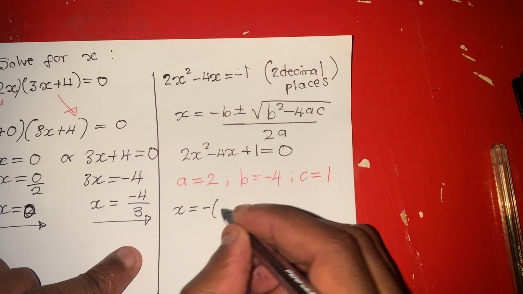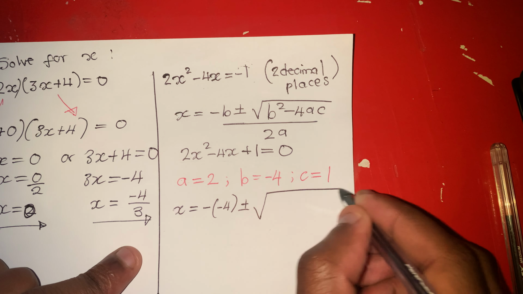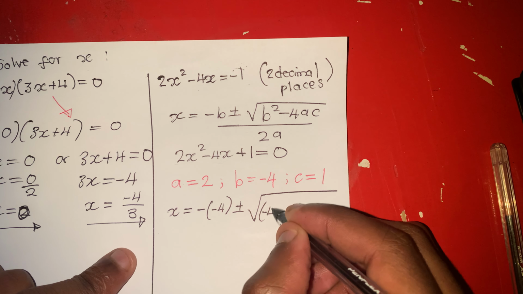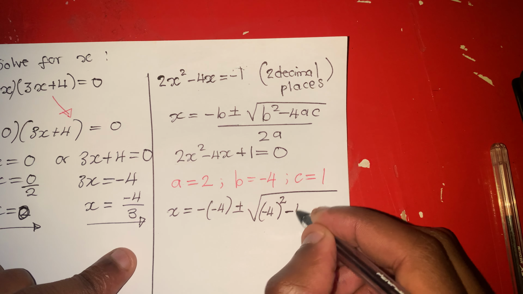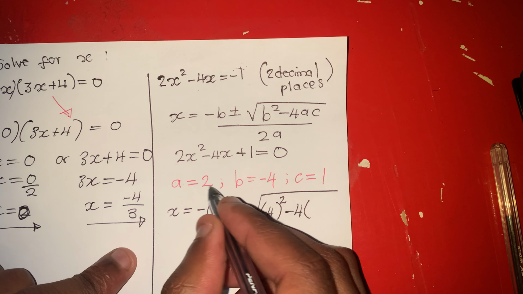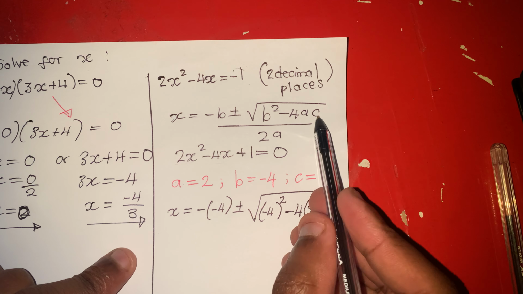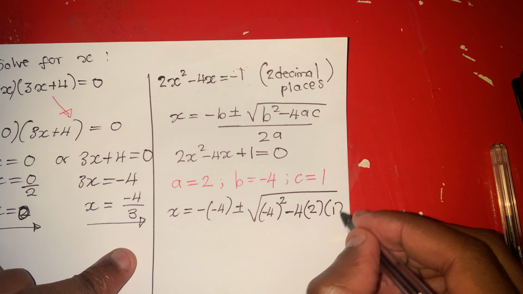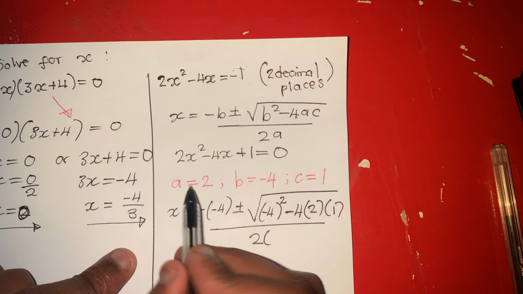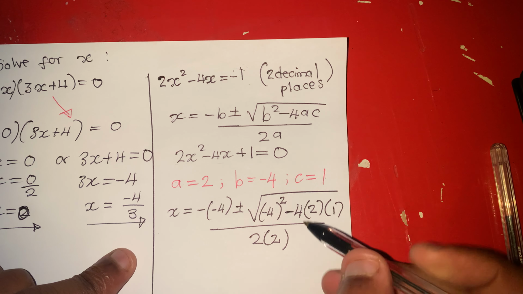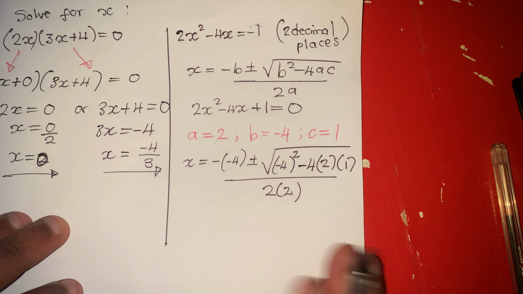So b is negative 4, plus or minus the square root of b squared, which is negative 4 squared, minus 4, a is 2, c is 1, all over 2. A is still 2.